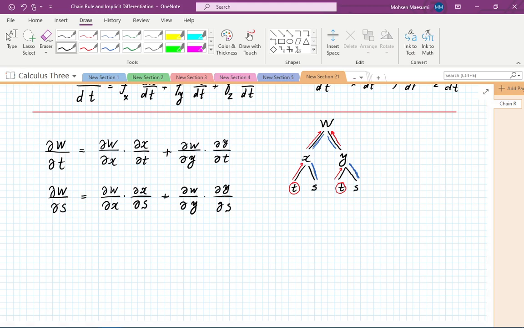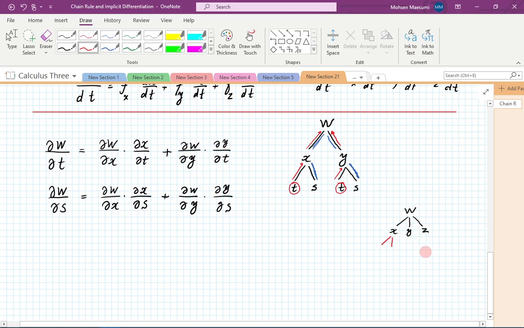Of course, if I had X, Y, Z, and down here I had R, S, T, and so on, my tree is going to be more crowded. So if I had something like this, X, Y, Z, and then perhaps these things could depend on 2 or 3 or 4.